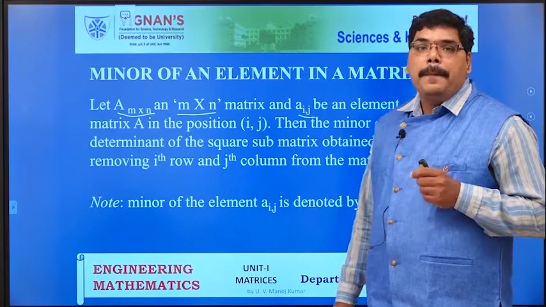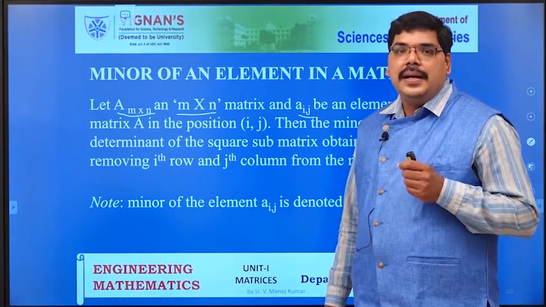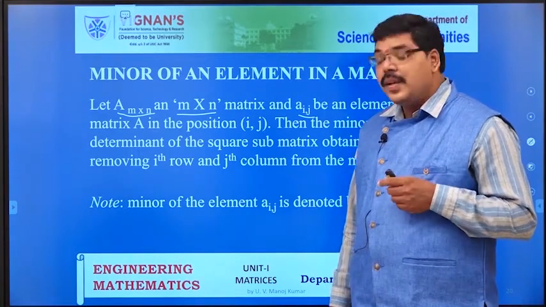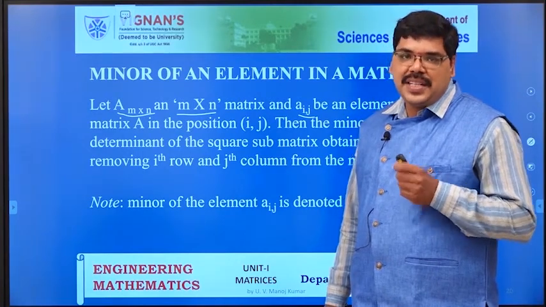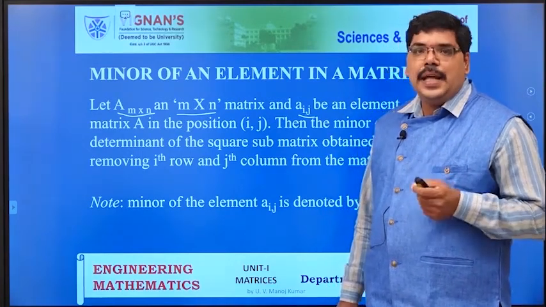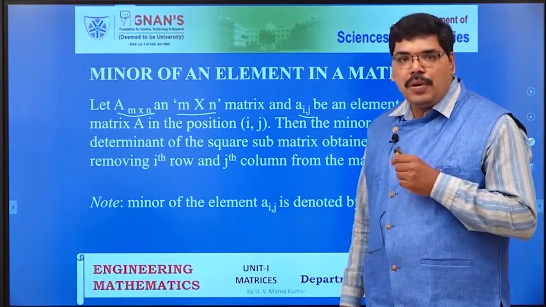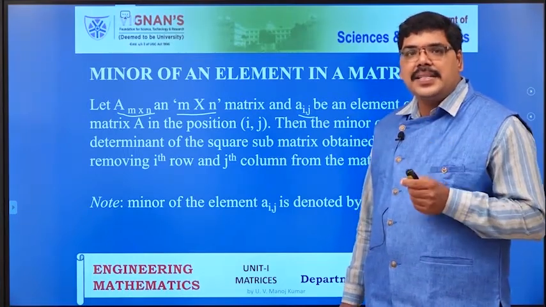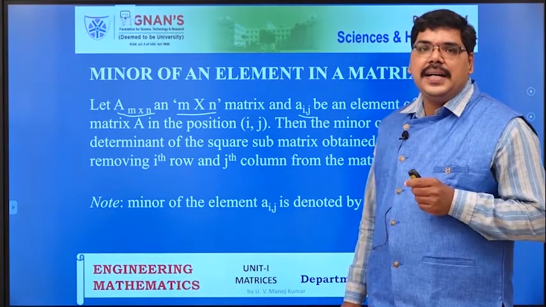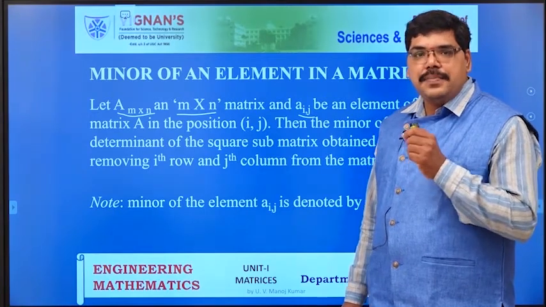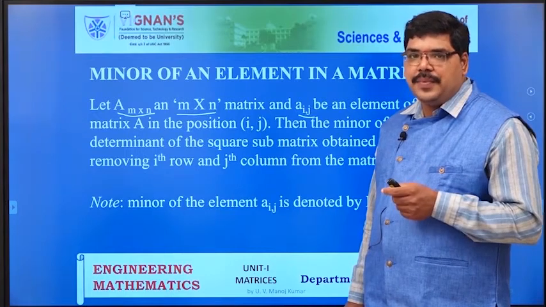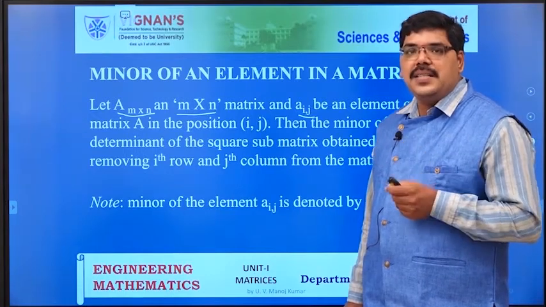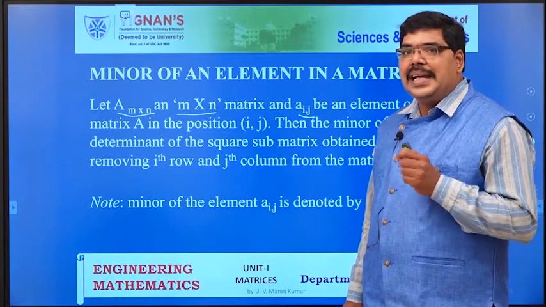So if there is an element in the ith row and jth column, to get its minor, we have to remove the ith row and jth column from the matrix and find the determinant of the submatrix obtained. The resultant determinant is called the minor of the element Aij.